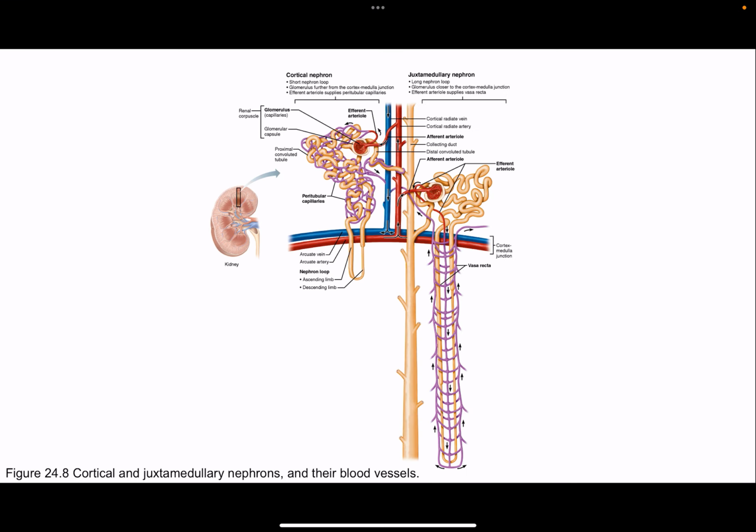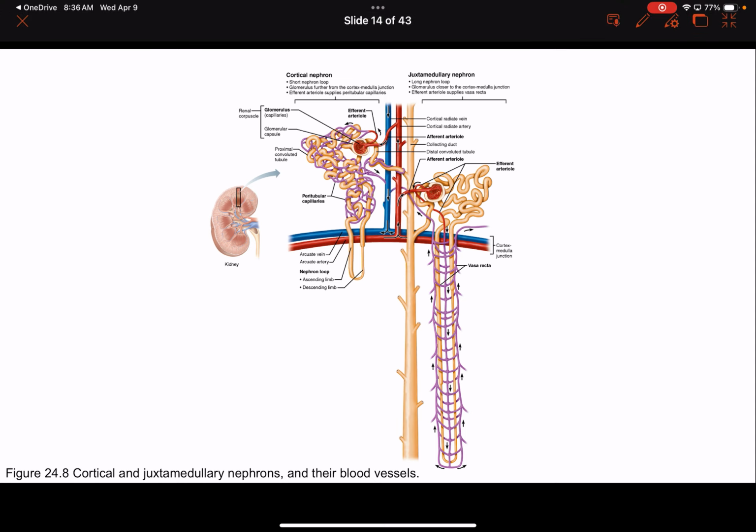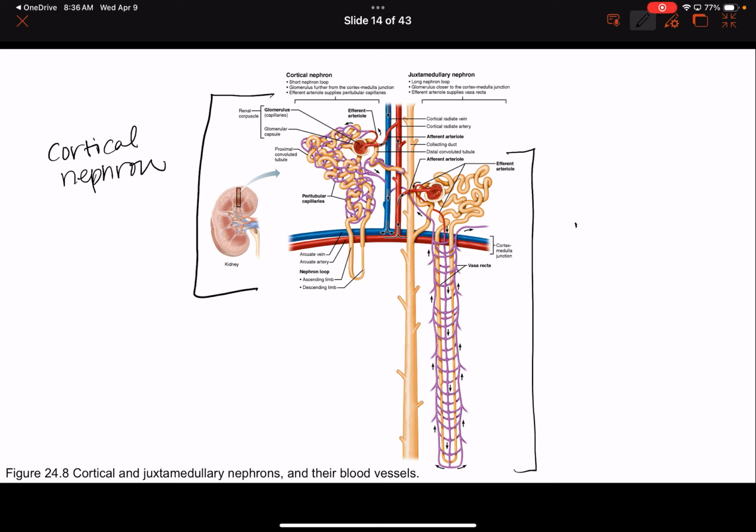All right, so we have two different classes of nephrons, which this is going to be new for you, Gordon. We have what are called cortical nephrons. And you can tell a cortical nephron from this other one over here called a juxtamedullary nephron.